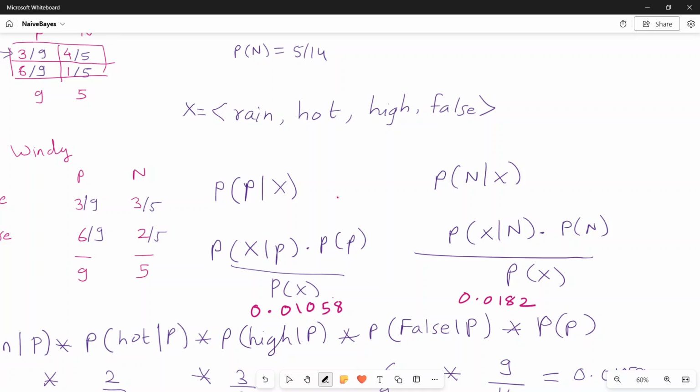So clearly this is the greater one. So the probability that the label is n given this x value is higher, therefore the prediction is n, that is, the person will not go out to play tennis.